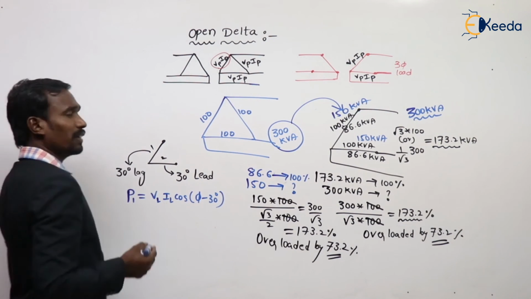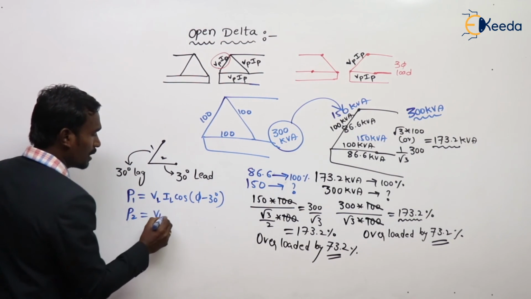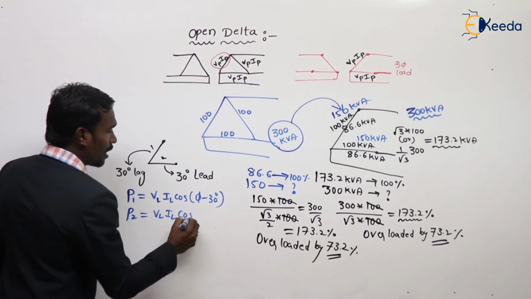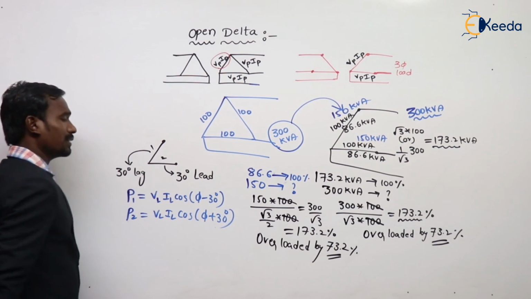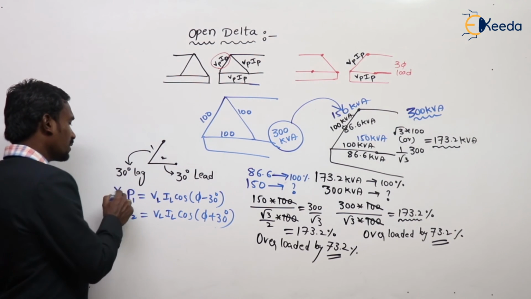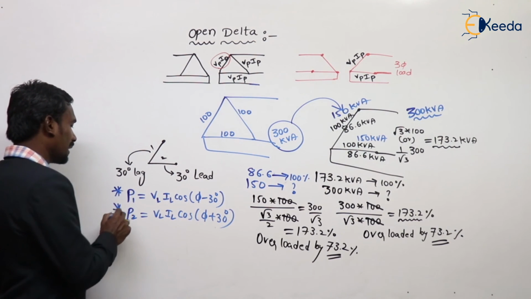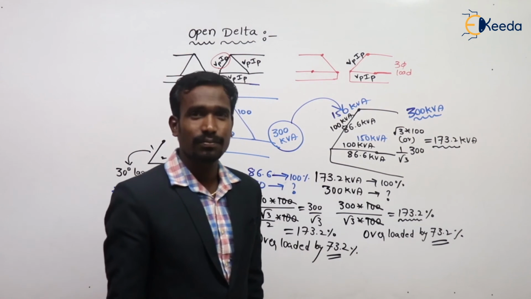And the power of the second transformer is VL IL cos of (phi plus 30 degrees).